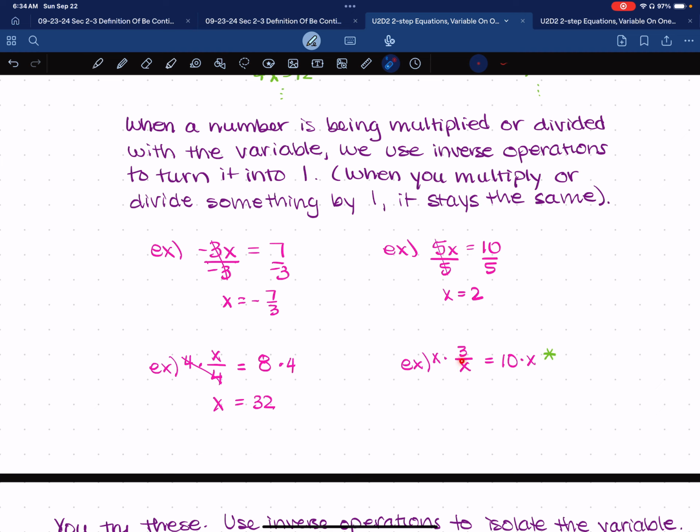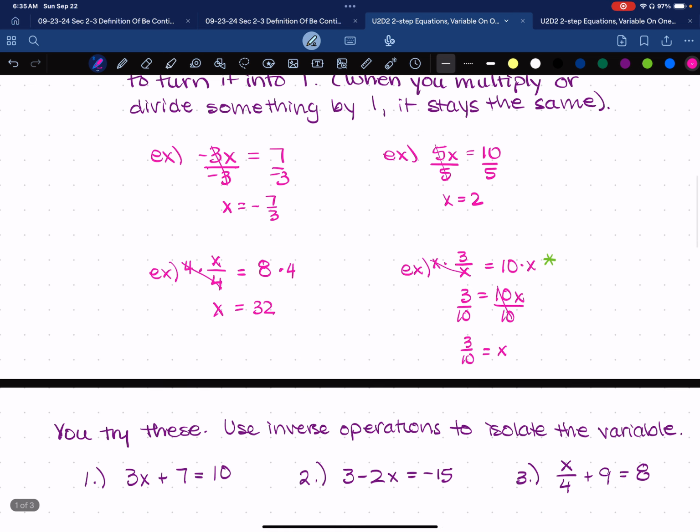X is the thing that's doing the dividing, so it's that we're going to undo with multiplication. So just always multiply by the denominator. And then we'd have, whoops, 3 equals 10x. Now we can divide both sides by 10 to turn this into 1, and we get x equals 3/10. So that's kind of a special case. And like I said, we're not going to really focus on that right now, but I did want to show it to you.